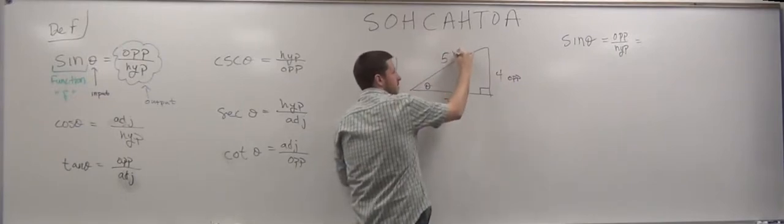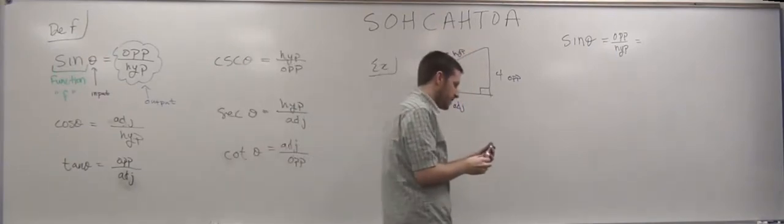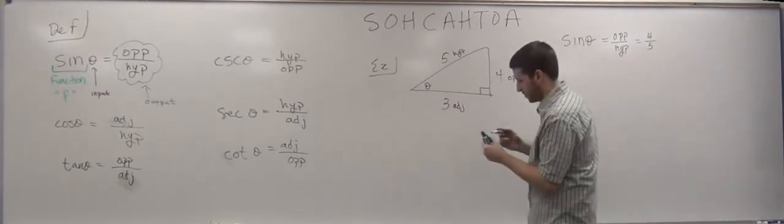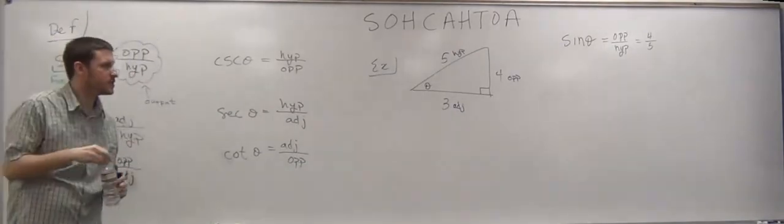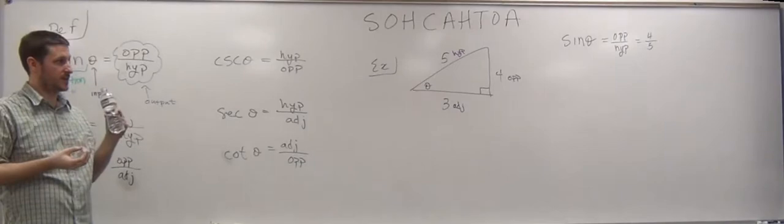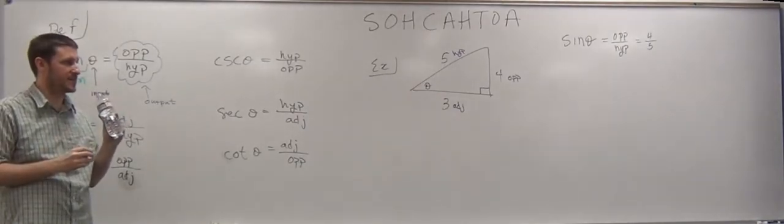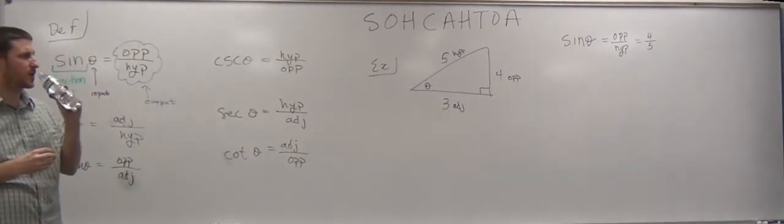This is the hypotenuse. So sine of theta in this case is 4/5. Some of you are already thinking, what does this mean? I'll try to talk about what the 4/5 means in a second, but let's go ahead and get all the other ones done real quick.